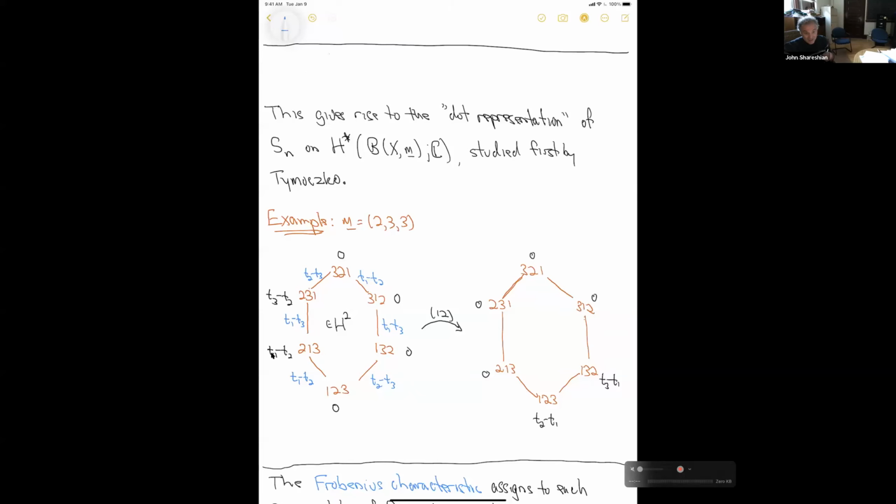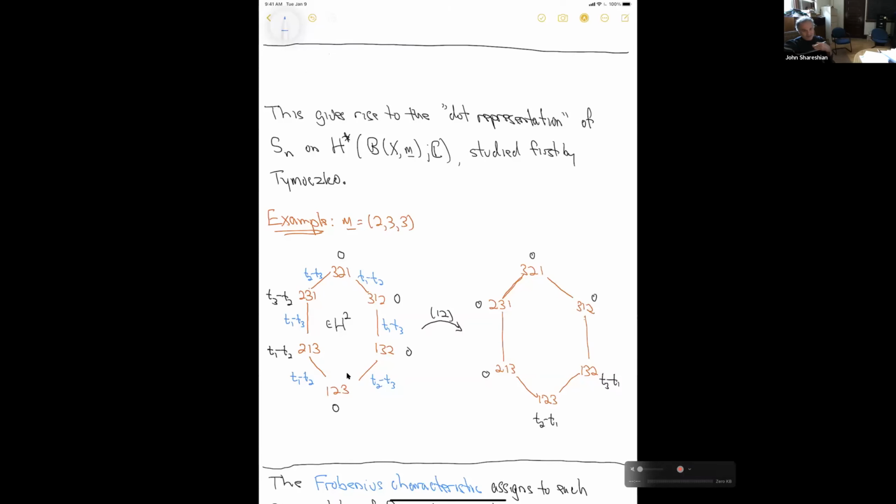So here I have these two. I've assigned this linear form here and this linear form here, and their difference is in fact T3 minus T1. It's divisible by this label, this difference divisible by this label, and so on. This is how you get cohomology classes.